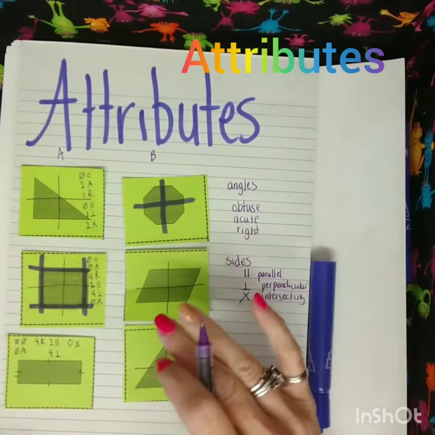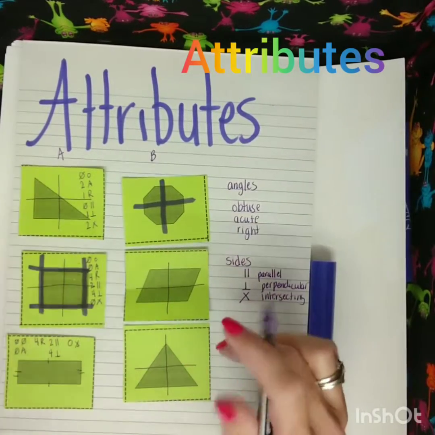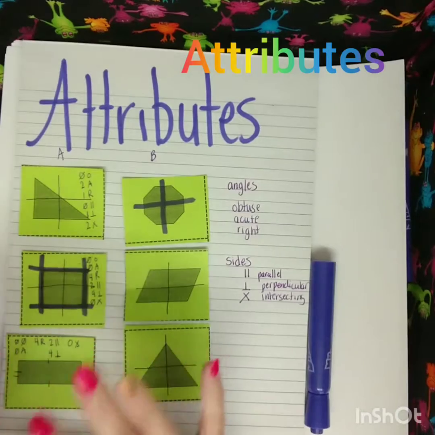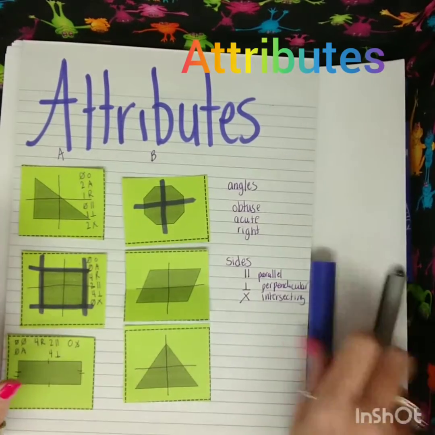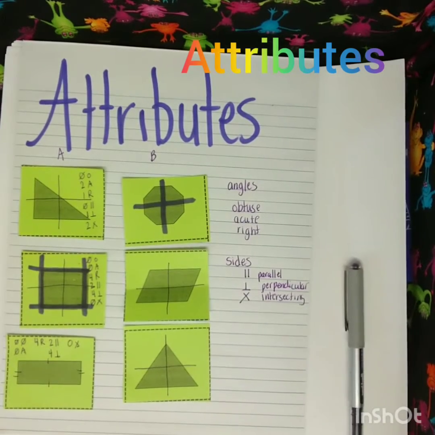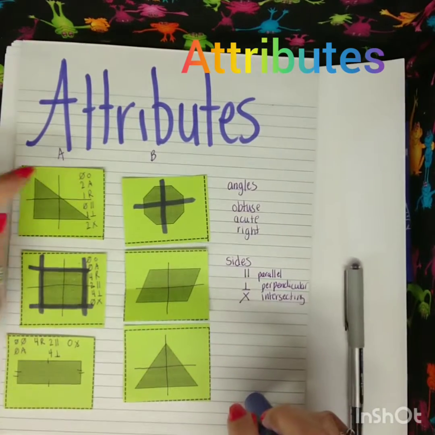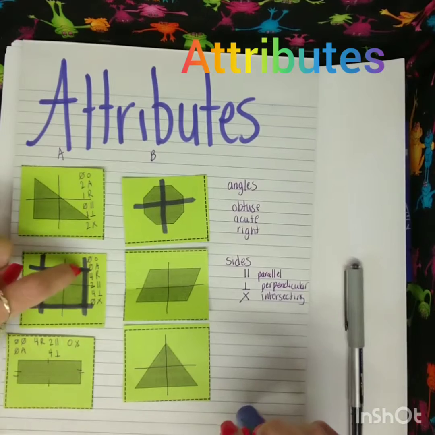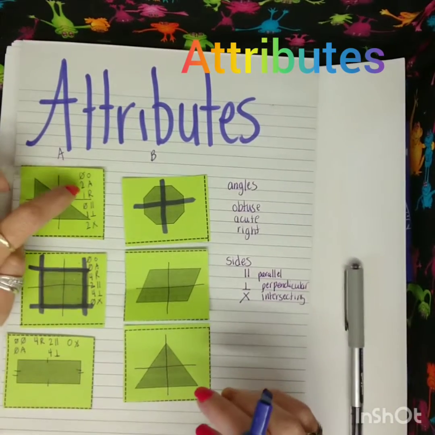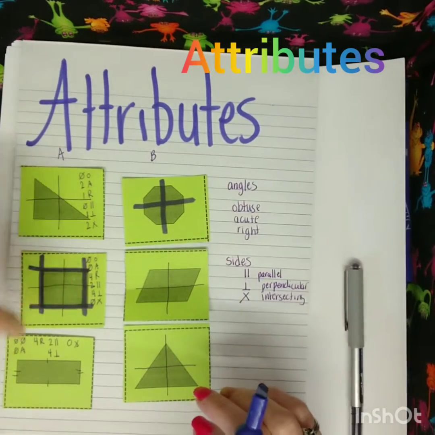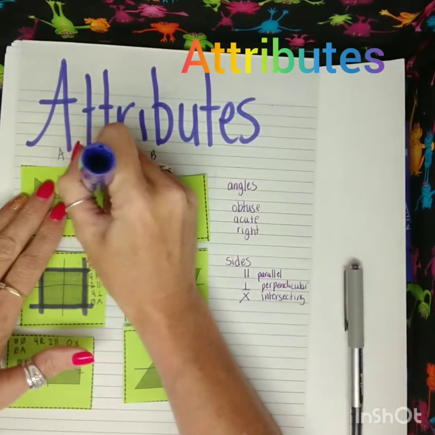Now let me look at all the attributes of these shapes and figure out what they have in common. There are no obtuse angles here, no obtuse here, and no obtuse here. Next one: 2 acute, no acute, no acute. Well, acute's out. It can't be acute.